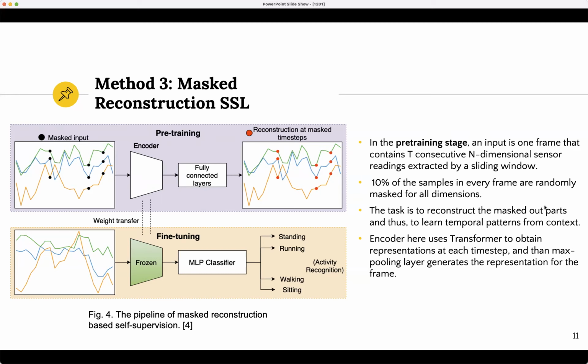And the pretext task is to reconstruct the masked-out parts and learn temporal patterns from the context. The encoder here uses a transformer to obtain a representation at each time step, and then they use a max pooling layer to generate the representation for each frame.